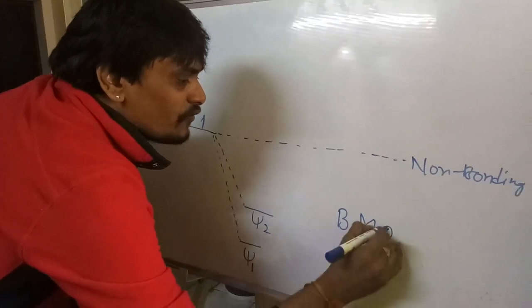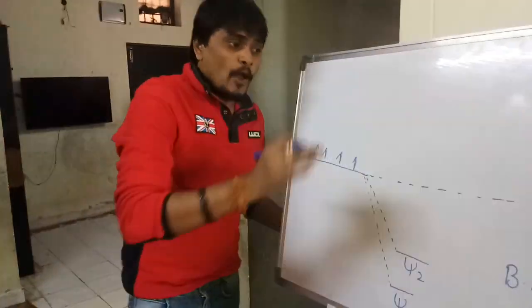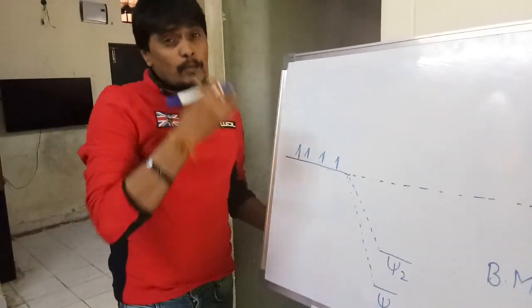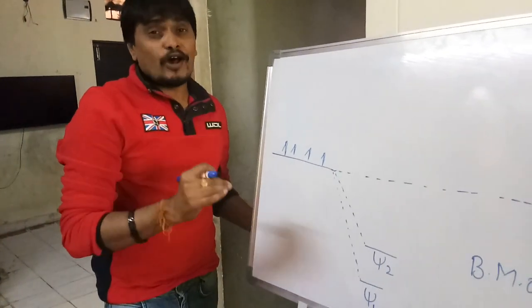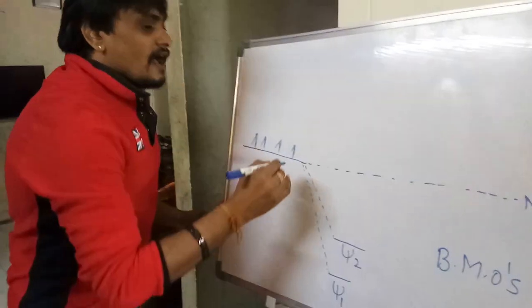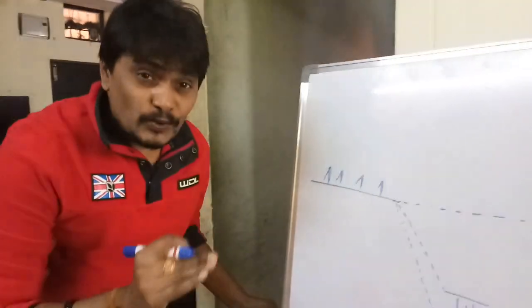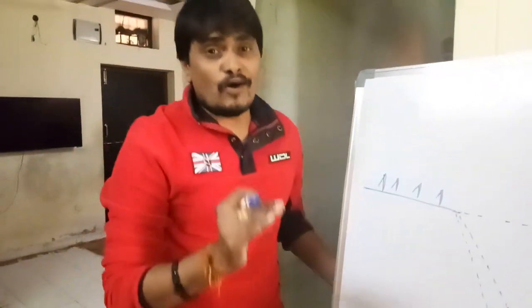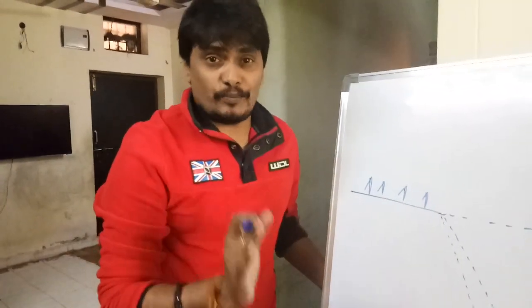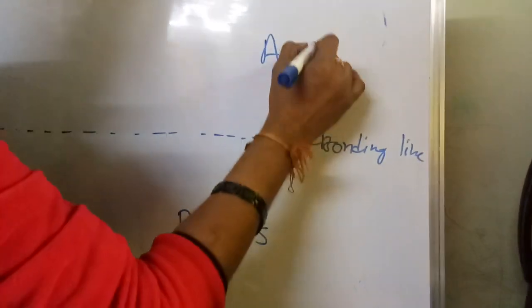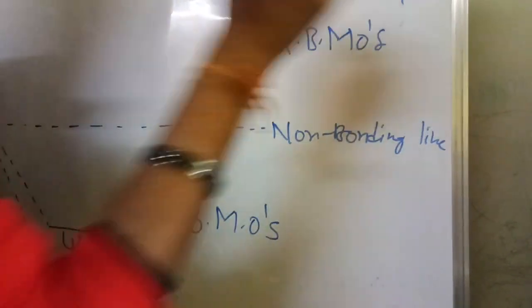This is the same for all molecules. So anti-bonding, as they are above the non-bonding line.